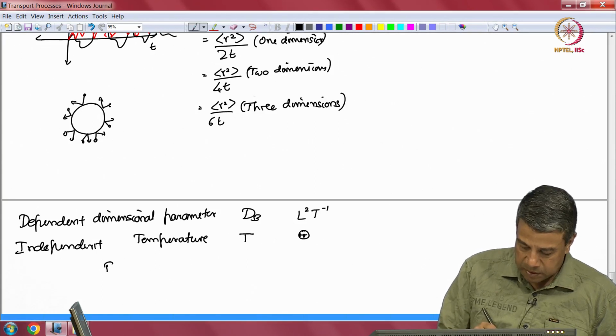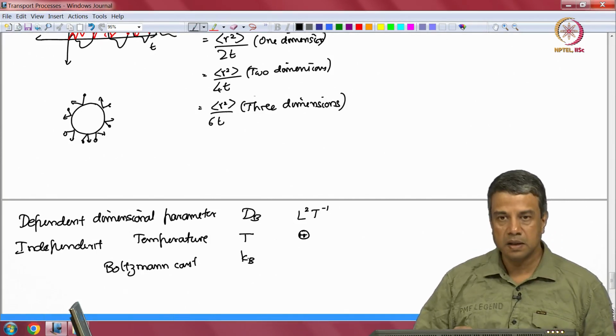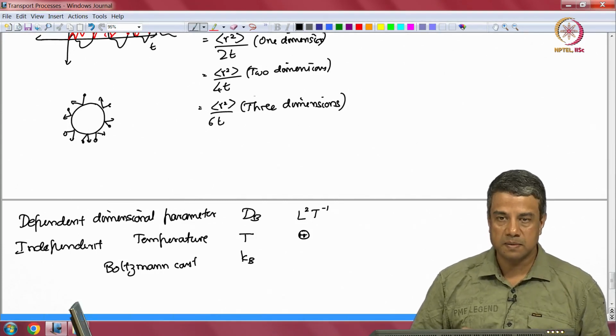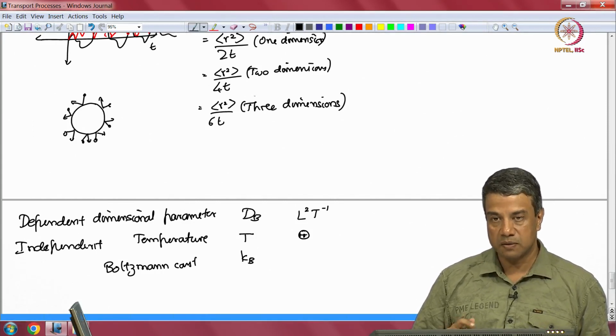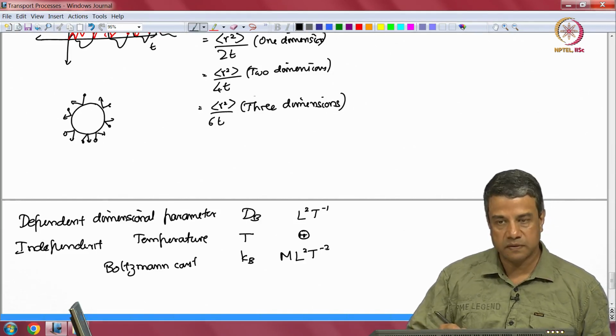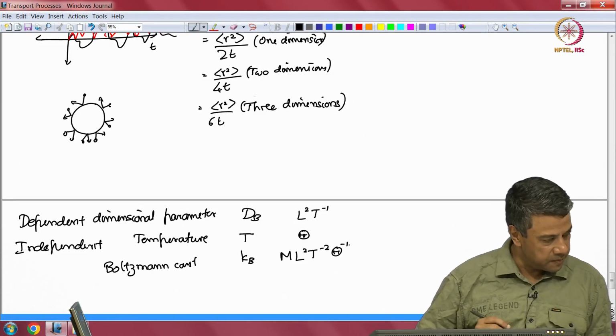And then there is the Boltzmann constant, Kb. Kb times T is an energy. So, therefore, Kb has dimensions of energy per unit temperature. Energy is m L square T power minus 2, force into distance, force is mass times acceleration, and I have to divide it by temperature to get a dimension of energy.